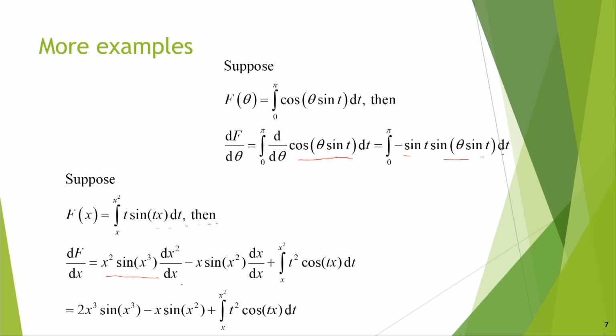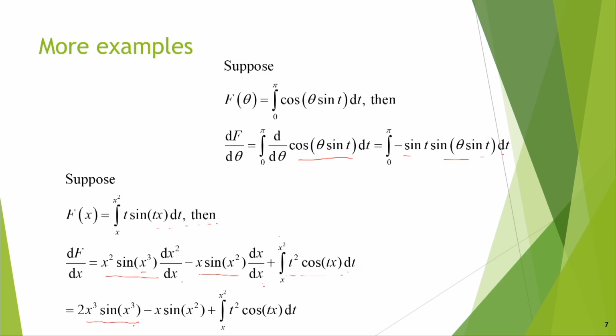Okay. Now, suppose f(x) is equal to the integral from x to x square of t sin(tx) dt, then df/dx is equal to x square sin(x cube) d(x square)/dx. Why x cube? Because instead of t, I put x square, the upper limit, in the function. Then minus x sin(x square), because in the function I put t equal to x, and dx/dx, plus the integral from x to x square of t square cos(tx), because now I am differentiating inside the integral with respect to x, and if I differentiate with respect to x, I will get t outside and t square cos(tx) dt.